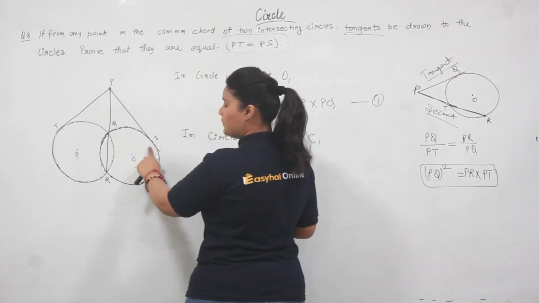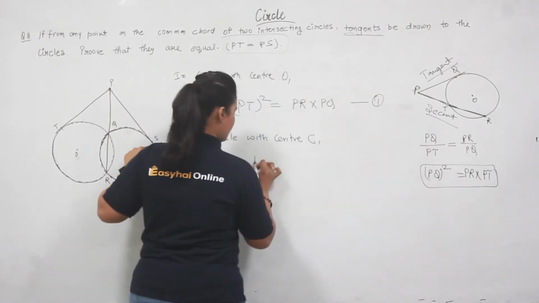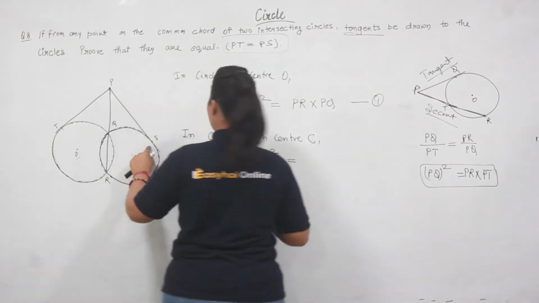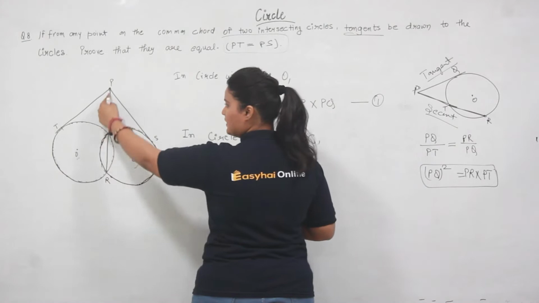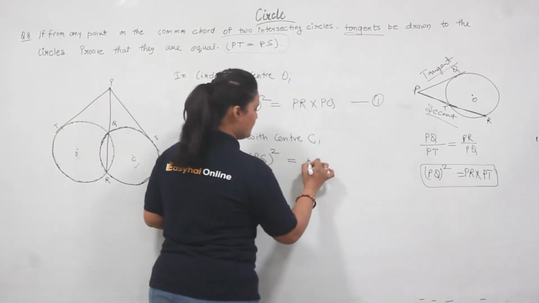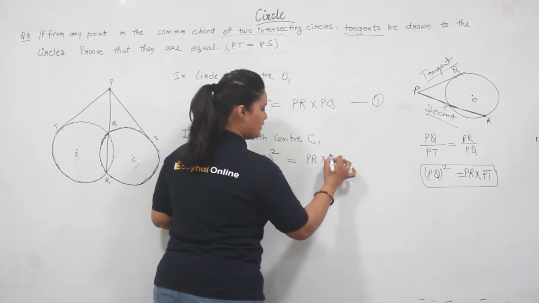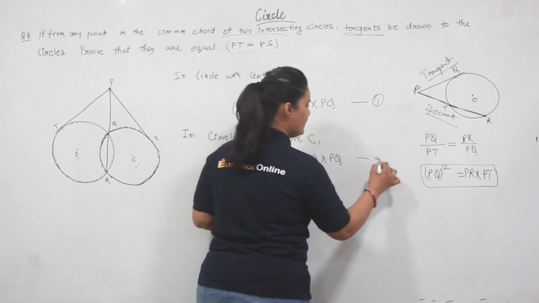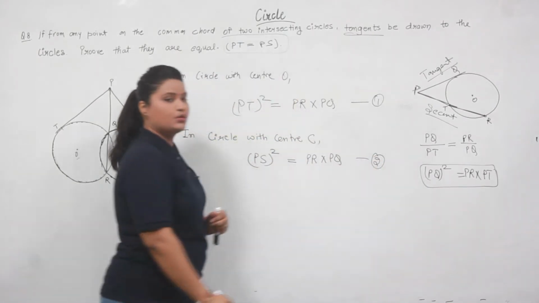This is PS. So PS square is equal to, the secant for this will again be PR into PQ. This will be my equation 2.